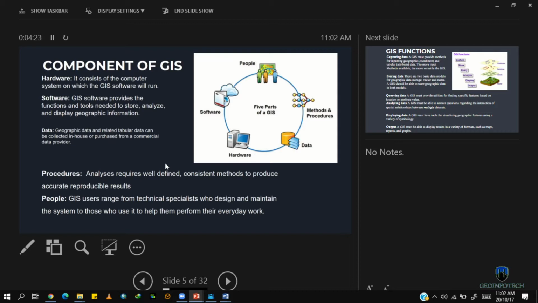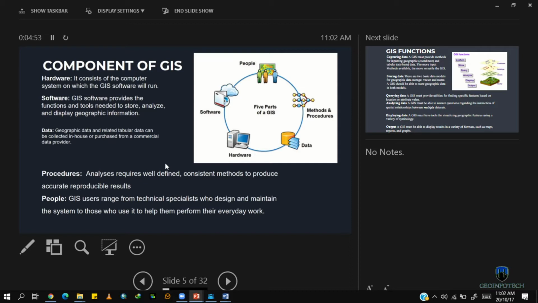A printer is hardware, a mouse is hardware, the computer itself is hardware. Drones, which are very common these days, are hardware also. Satellites are hardware. Any physical instrument that we can touch that is used to carry out any GIS activity is called hardware.